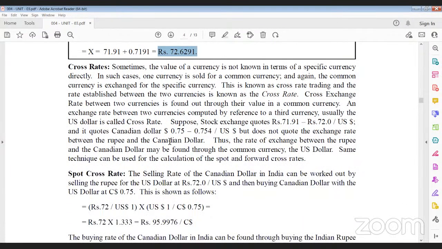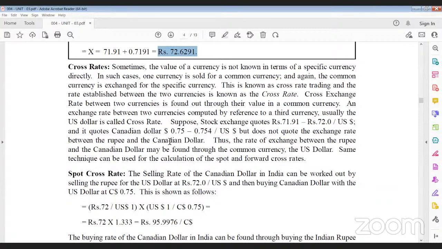Then we have, moving on, cross rate. Sometimes the value of a currency is not known in terms of a specific currency. In such a case, the information on the currency is absent. Hence, one currency is sold for a common currency, and again the common currency is exchanged for the specific currency.